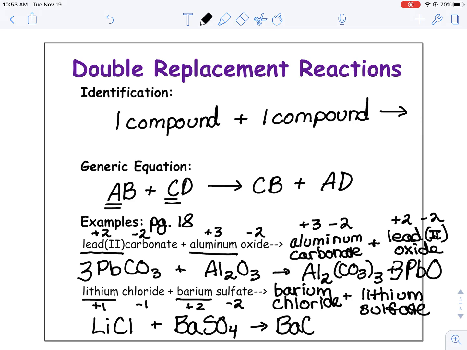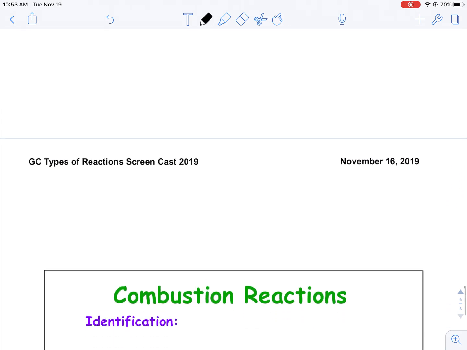Whatever charge each ion has in the reactants, they will have the same charge in the products, but you've got to rebalance the charges. So over here, because in barium chloride, barium is +2 and chloride ion is -1, you need 2 chlorides to balance out the charge on the barium. And then in lithium sulfate, lithium has a +1 charge, sulfate has a -2 charge, so you need 2 lithiums to balance out the charge on the sulfate.